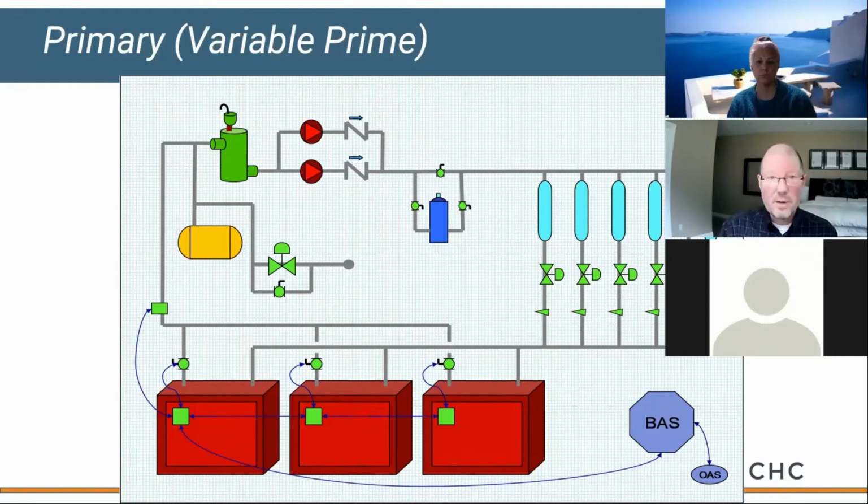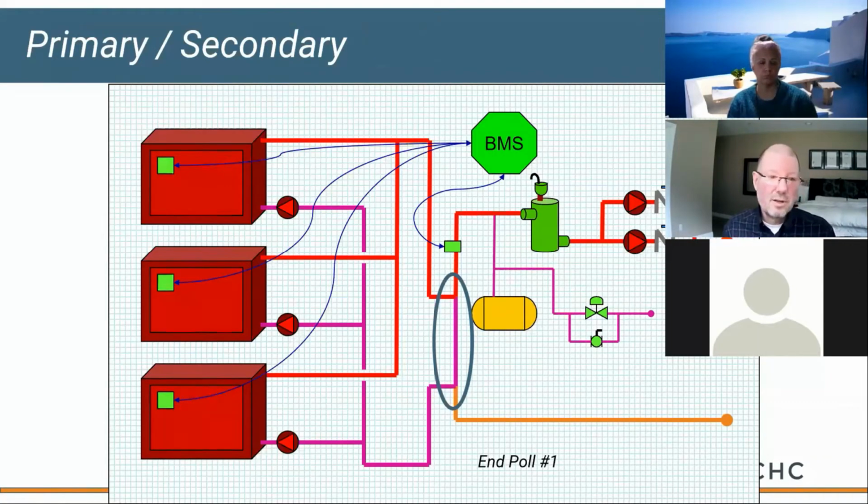One option if you're going primary, secondary is to put variable speed pumps on each one of those boilers or chillers. So we're showing this as maybe a constant speed. More commonly, though, we're going variable speed. So you can adjust the speed of each pump to maintain a constant delta T across the boiler, or in your case, a chiller. So that's if you break it out as primary, secondary.